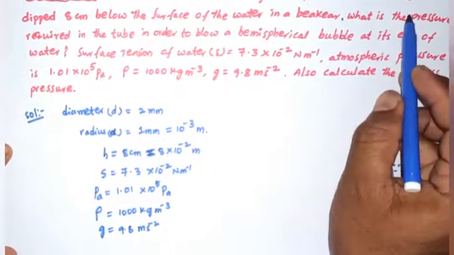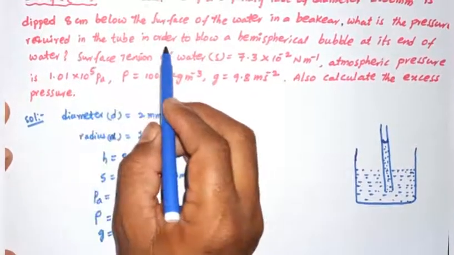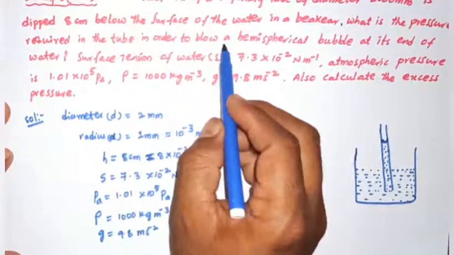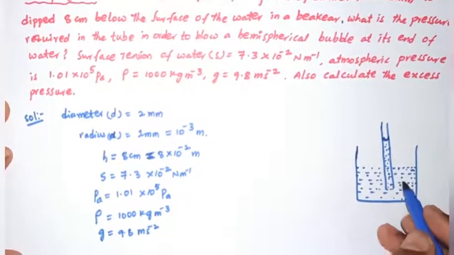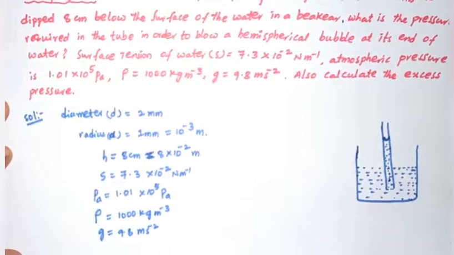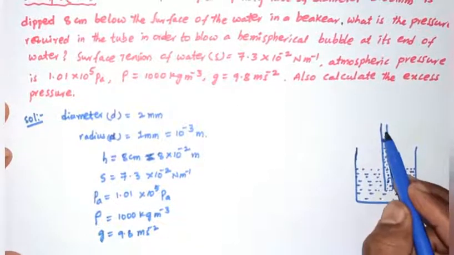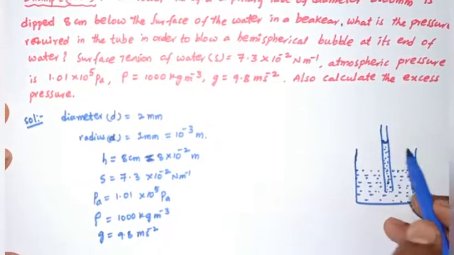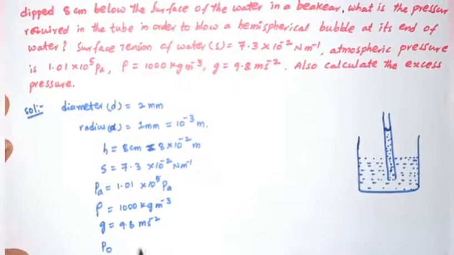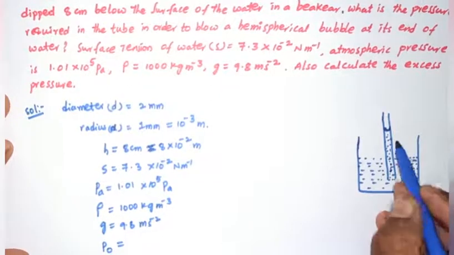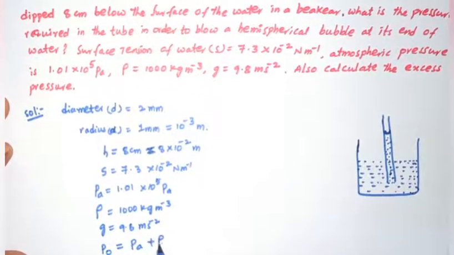First of all, what is the pressure required in the tube in order to blow a hemispherical bubble at its end in water? The outside of the bubble is water. The pressure outside the bubble, PO, equals atmospheric pressure plus rho g h.